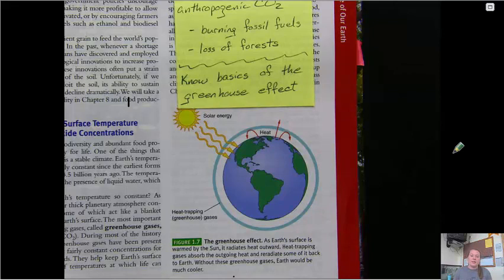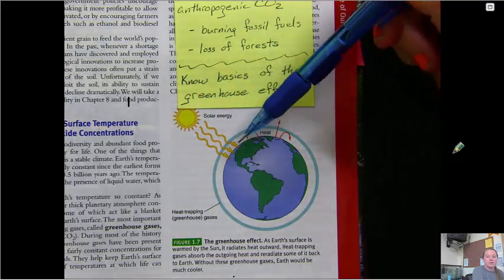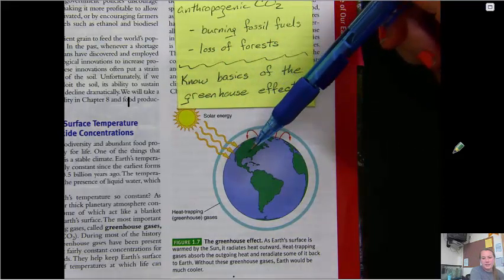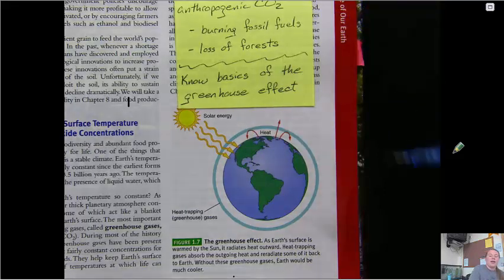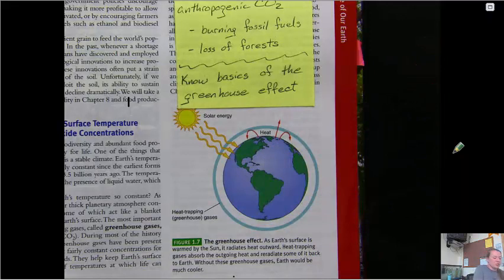You'll need to know the basics of it. You'll need to know as the solar energy comes in, so as it comes in right here, it goes through our greenhouse gases to the earth. And when that ultraviolet light hits the earth, it warms up the temperature.